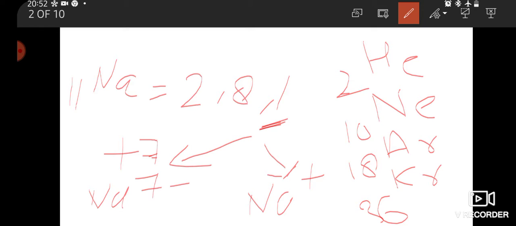Removal of one electron or gain of one electron is an easy process, while adding 7 electrons or removing 7 electrons is a tough process.